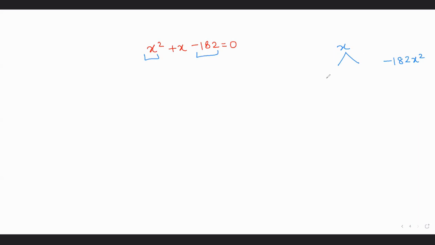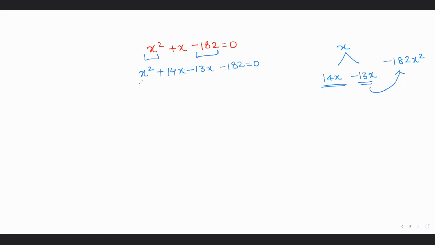So you can see we can take the factor 14x and minus 13x, and if you multiply these two numbers, then our answer will be minus 182 x square. So let us write this one. So plus x means we can write plus 14x minus 13x minus 182 equal to 0.